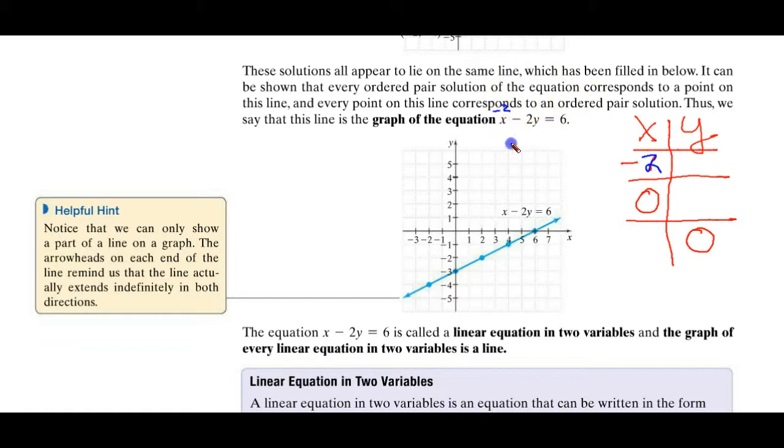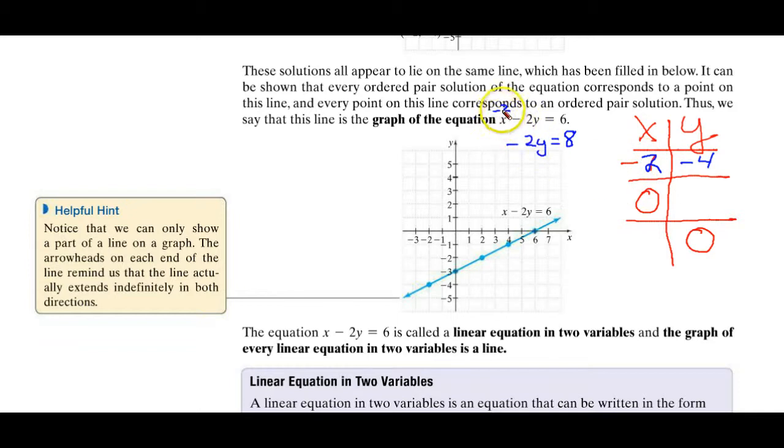This then becomes a -2y equals a -2 on this side becomes a positive, so that becomes an 8. Now we divide both sides by a -2, and we get a -4. So when x is a -2, y is a -4.